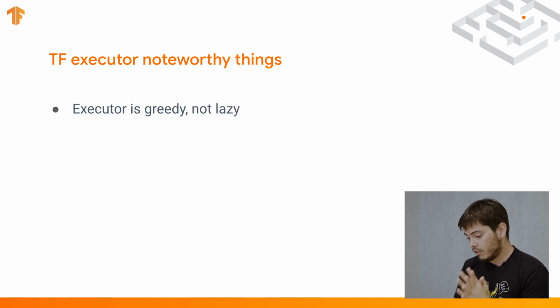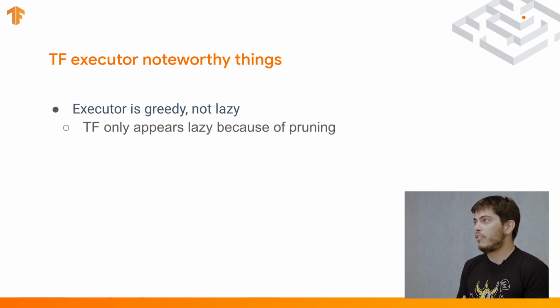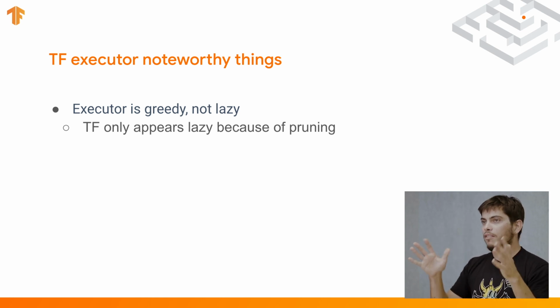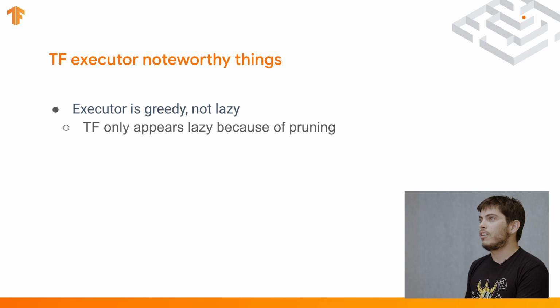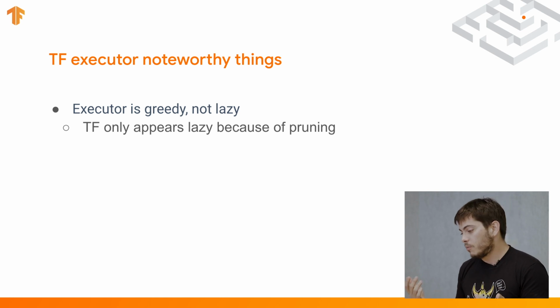One is that the executor is greedy, not lazy. And if you're familiar with TensorFlow, it looks very lazy, but it mostly looks lazy because we do very aggressive graph pruning. And once you start putting control flow and function execution and a few other things in the executor, it actually pays off to have a mental model that says that first pruning happens and then greedy execution happens. Otherwise, you can trick yourself into thinking that some things are not going to be executed when they are in fact going to be executed.